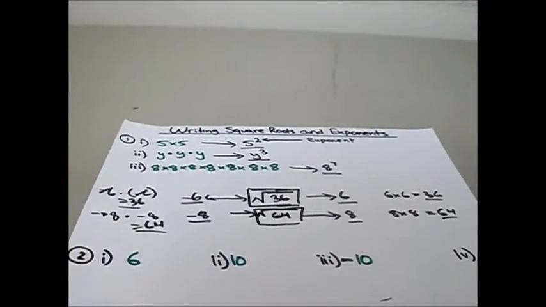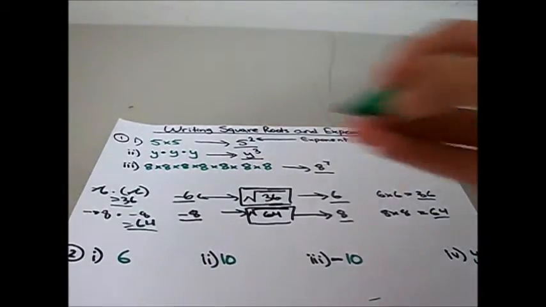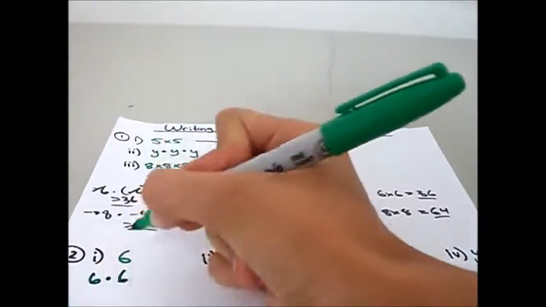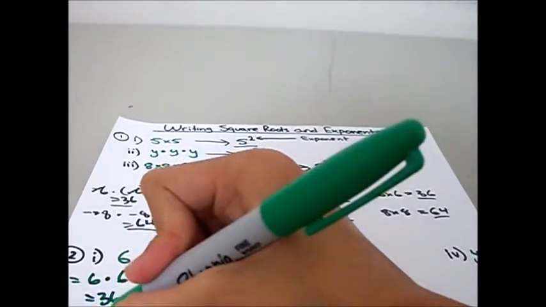So we're going to write these 4 expressions into square root form. So the first one is 6. Since we already just covered this, we're simply going to multiply 6 by itself. So 6 times 6 gives us 36. And we're going to write this into our square root sign.